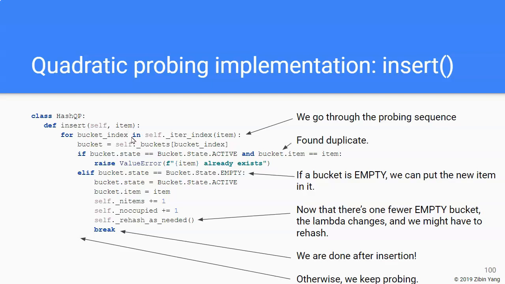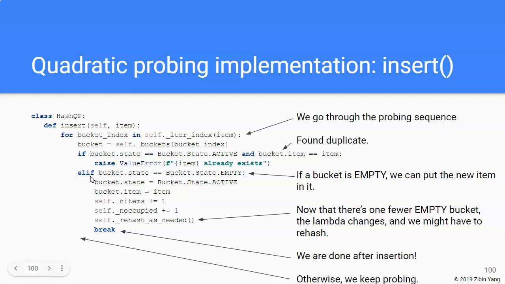For each bucket yielded by the generator, we will retrieve the bucket and take a look at the state that the bucket is in. If the bucket is an active bucket, but the item that's already in the bucket is equal to the item we're trying to insert, then we are trying to insert something that's already there, which is not allowed. So we raise a value error.